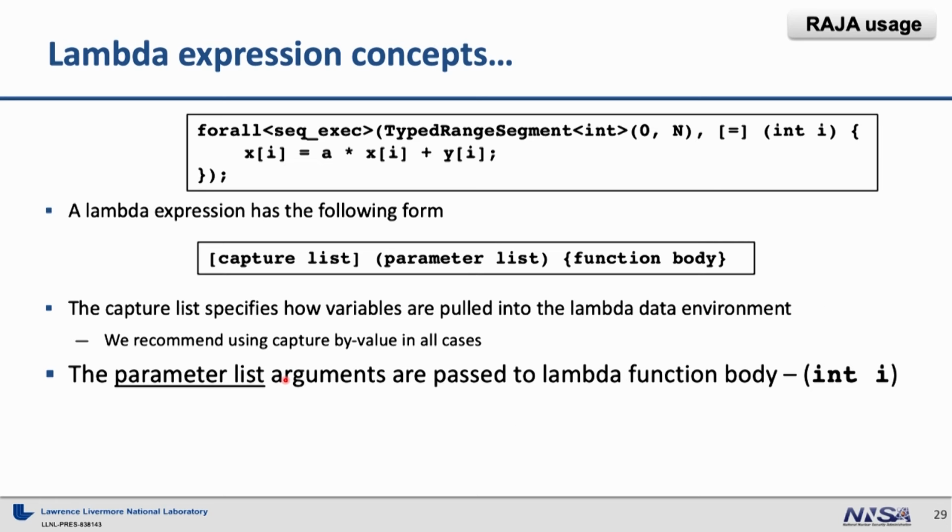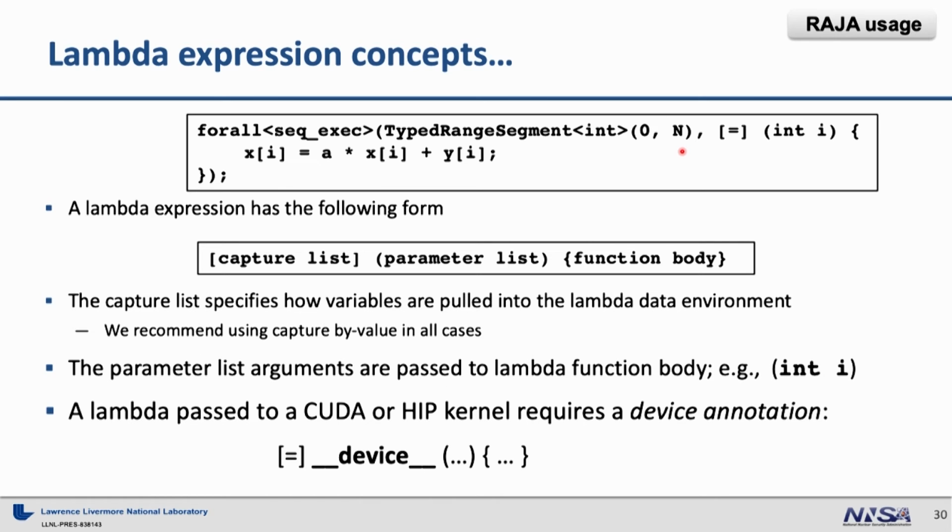Right? So the parameter list mirrors what's going on in the segment here, the range segment, or the iteration space. It tells us which variables to iterate over in the forall, from 0 to n-1.